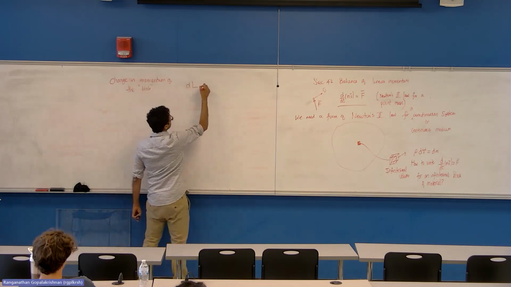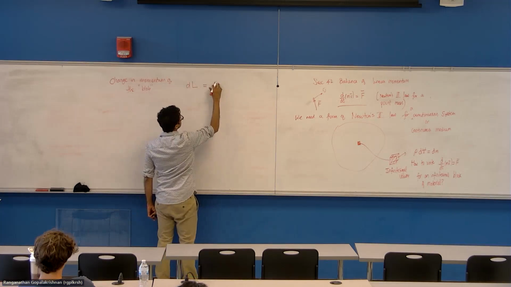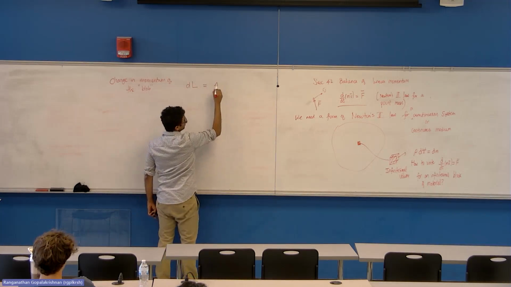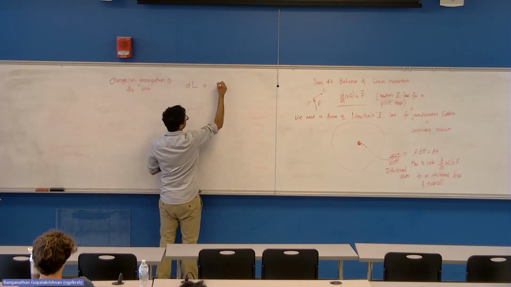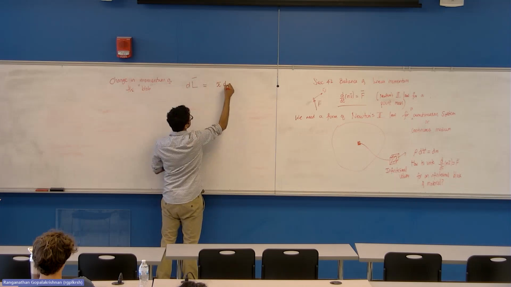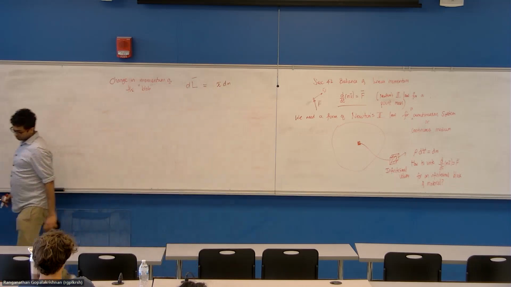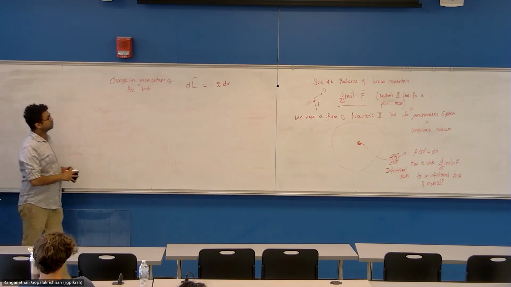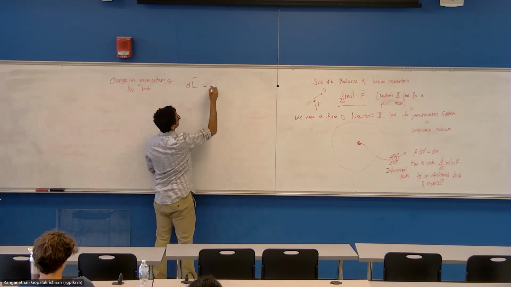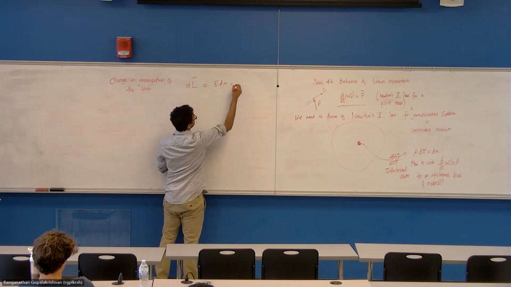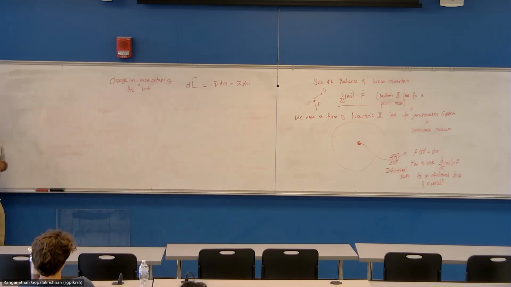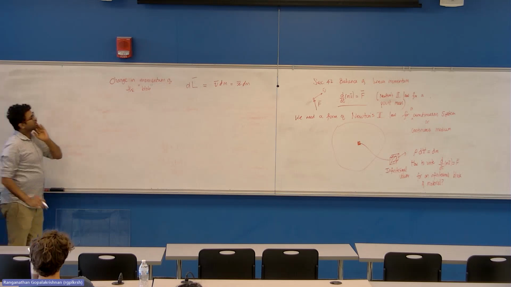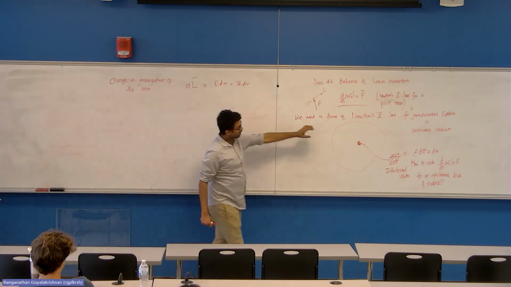If I write that as dl, dl is equal to x dot, the velocity, times dm. That is the momentum of a small element.